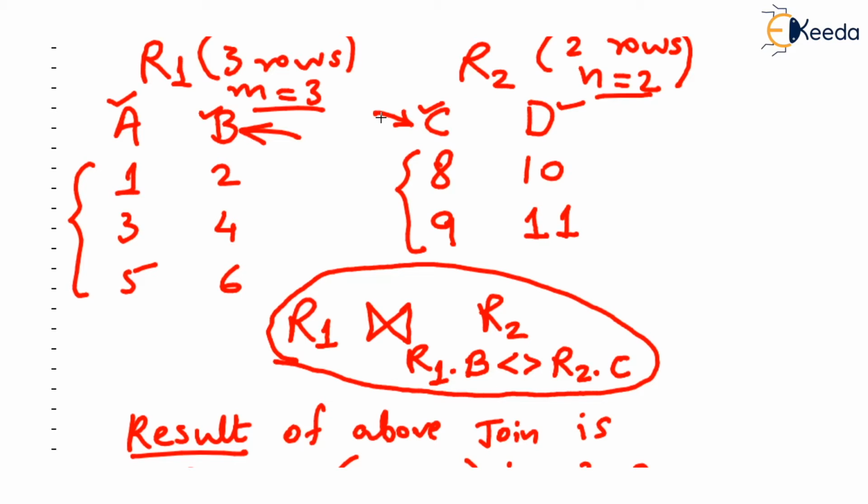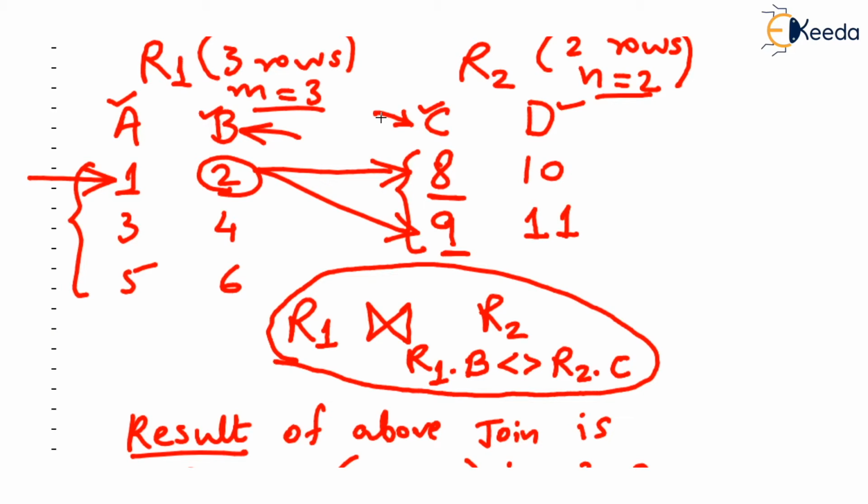Now come on, you know the join operation very well. What will happen is the first row of R1 will be joined with all the rows of R2. But then we are interested in finding the rows where value of B does not match value of C. And it does not match with 8, it does not match with 9, it does not match with any of the values of C in R2.